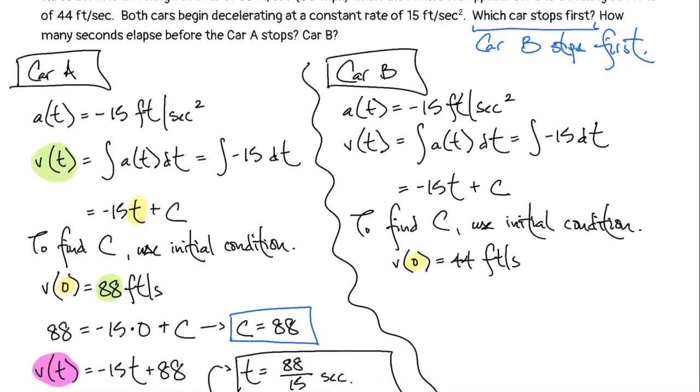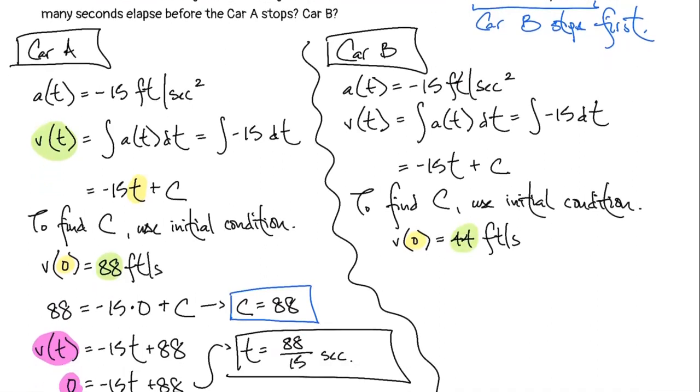We plug that in, and we get 44 equals negative 15 times 0 plus C. This time we get a C value of 44. So Ethan, you were correct. Our C value is different, but everything else was the same. The process was the same. We just put in a different initial condition.